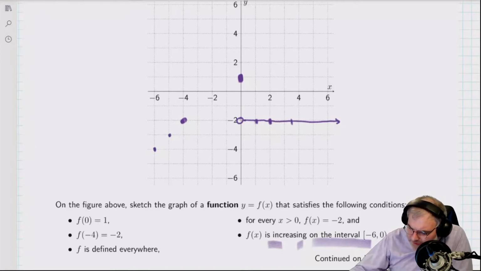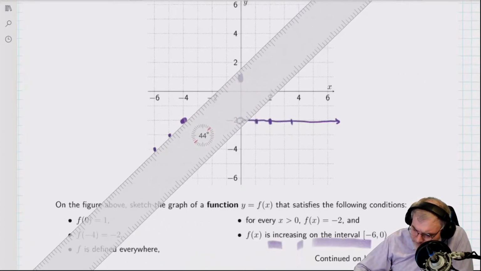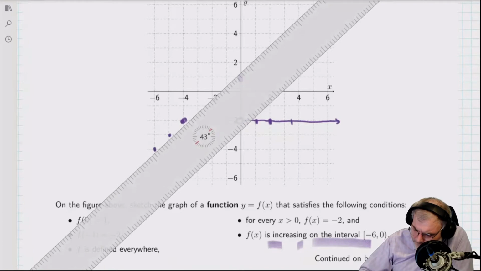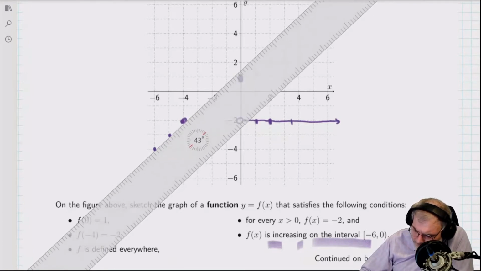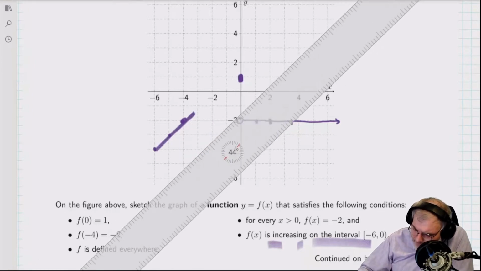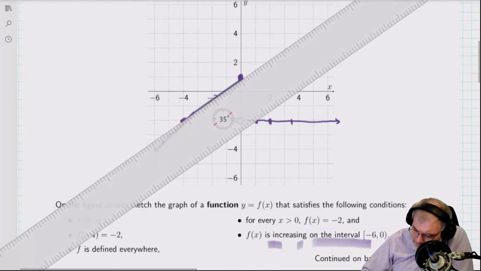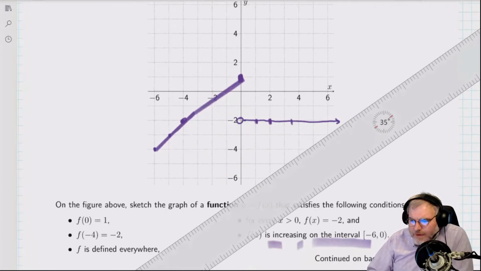So now I'm just going to connect the dots. I don't know why I'm bothering being so perfect.